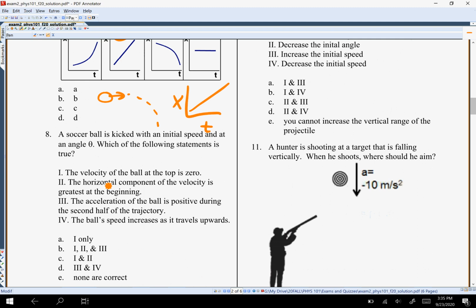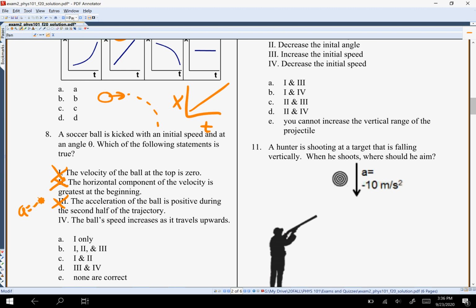Soccer ball is kicked with an initial speed and an angle theta. Which of the following statements is true? The velocity of the ball at the top is 0. That's not true. Vy at the top is equal to 0, but Vx is definitely not equal to 0. The horizontal component of the velocity is greatest at the beginning. Again, not true, because the horizontal component is always constant. The acceleration is not positive.